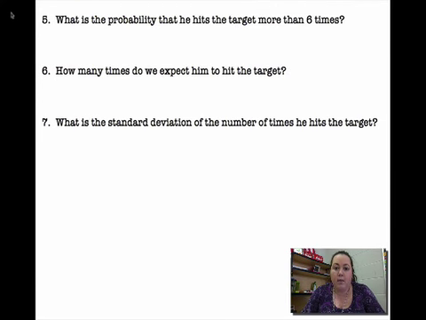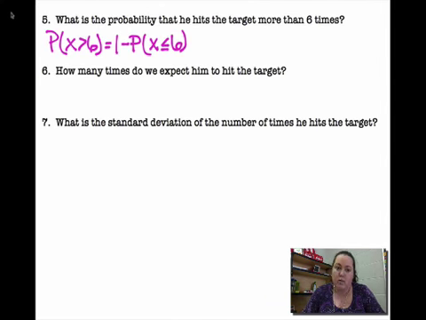What is the probability that he hits the target more than 6 times? Probability that X is greater than 6. That I can do without the equal to. Is 1 minus the probability that X is less than or equal to 6. So it's 0.0013.